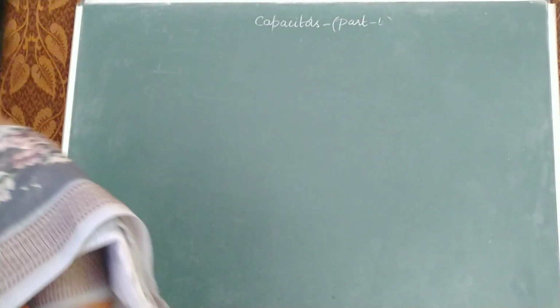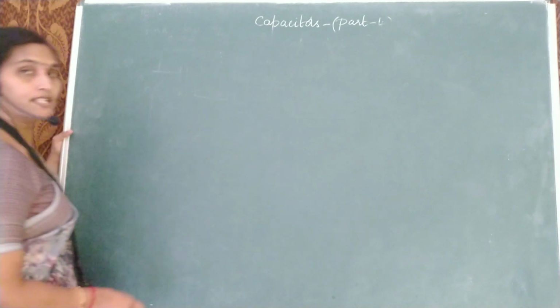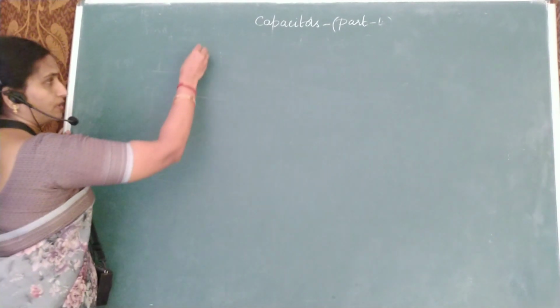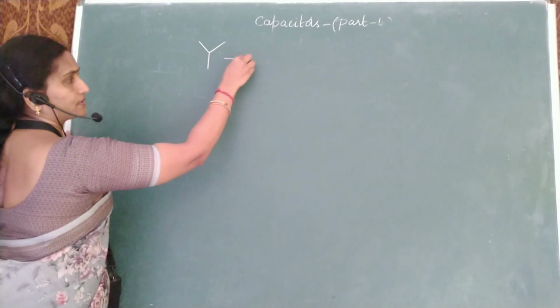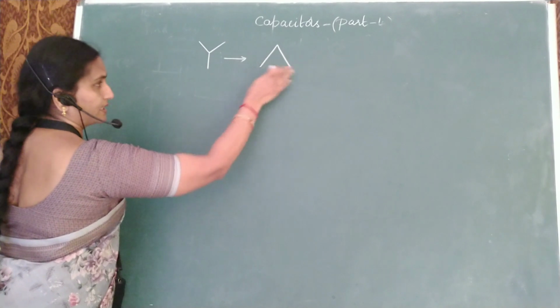Coming to this star delta network, the meaning of star delta network is converting a circuit from Y shape to delta.